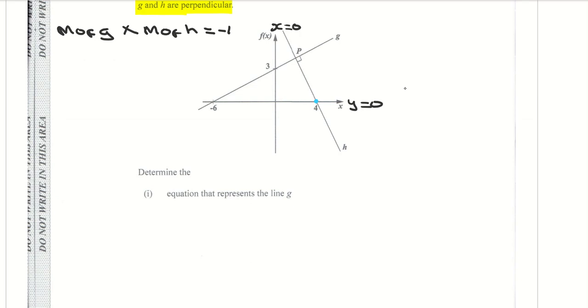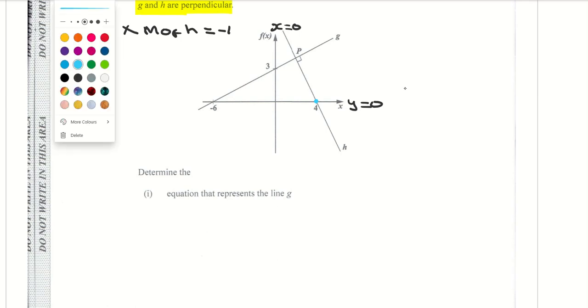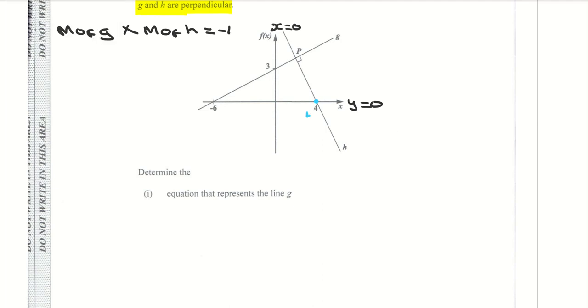That means that coordinate is 4, 0, because on your x-axis, y is equal to 0.